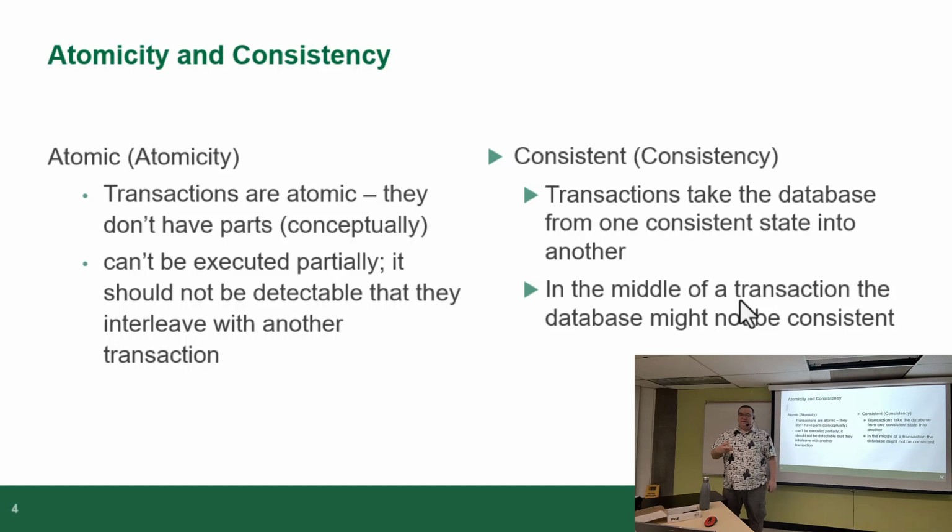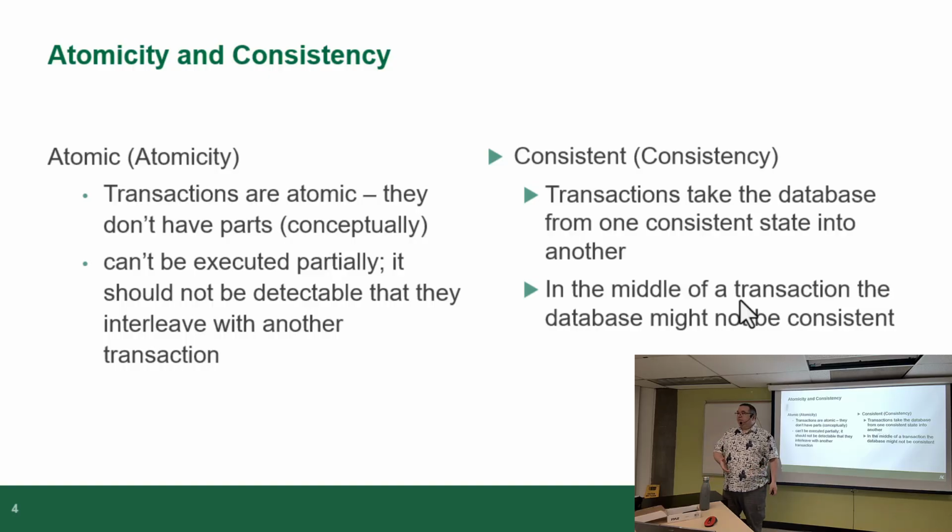All right, something that is atomic. Transactions are atomic. Conceptually they do not have parts. There might be multiple parts to it, but as a concept, there are no parts. It's one whole thing. It can't be executed partially. Every piece of it has to finish and succeed, otherwise it's considered failed.